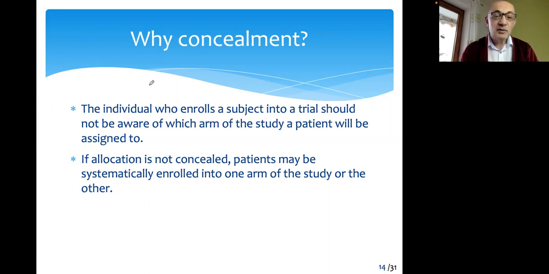Because concealed has a similar meaning to blind or unknown or hidden, people get confused and mix it with blinding. Blinding is something else, of course. First, you establish your groups by concealing, then you start applying the therapy or the control medication or the placebo, and at this stage, we prefer, of course, to have blinding.